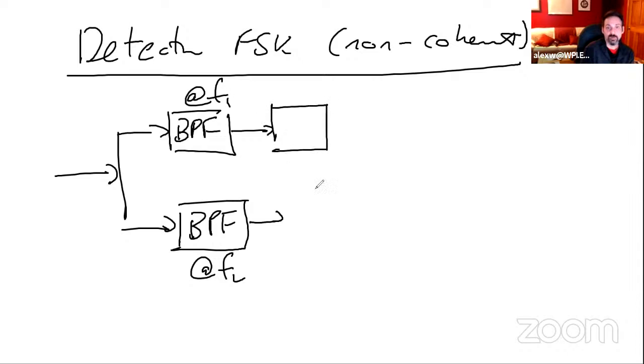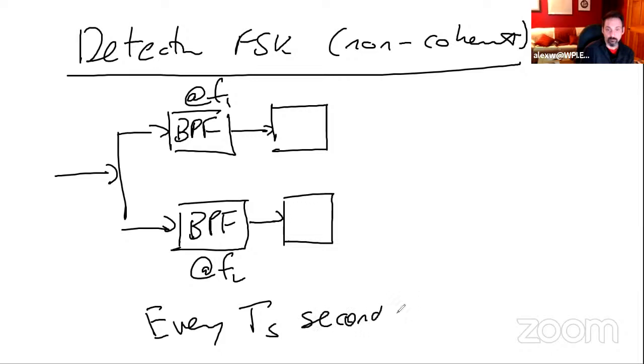And once you're done, every TS seconds, so I'm going to emphasize that, every symbol, what you do is you do an envelope detector. So what ends up happening? What's the output?